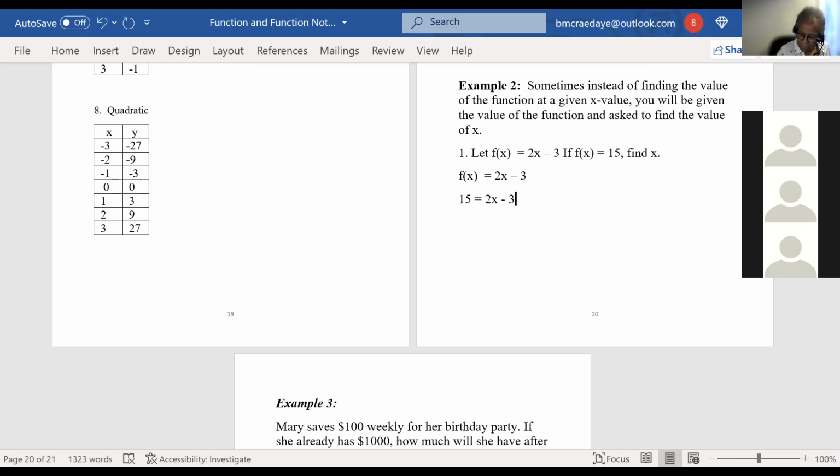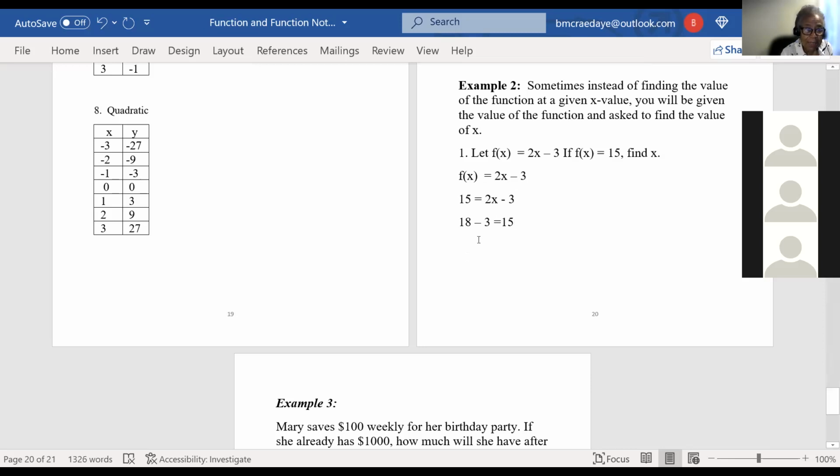9. That's it. Mental math, you got it. See, the function value 15 is given for your f of x. You define the x that gives you this 15. So when you get here, you just do your mental math. You say, I have 15, I will subtract 3. What do I subtract 3 from to get 15? That's 18, right? 18 minus 3 equals 15.